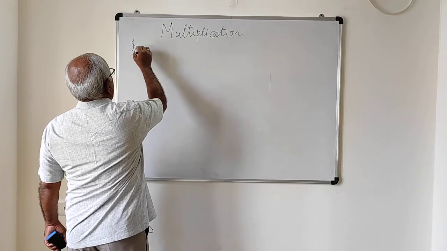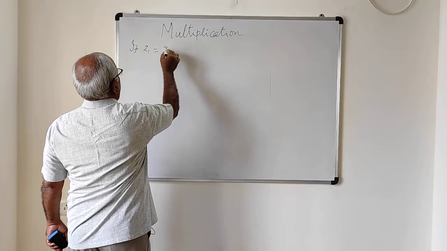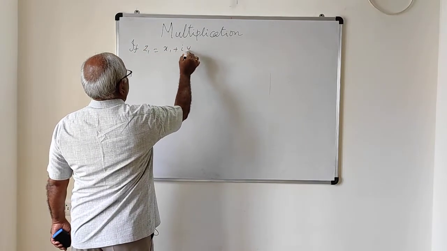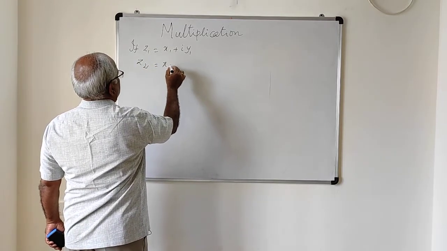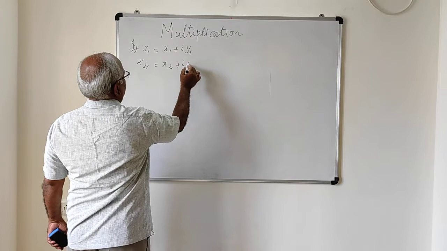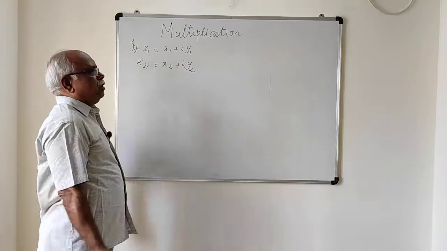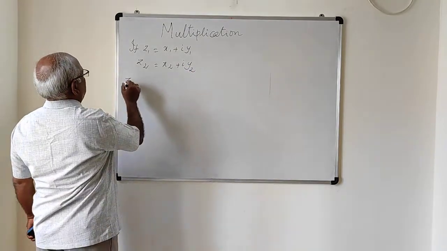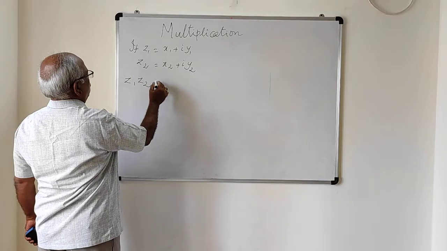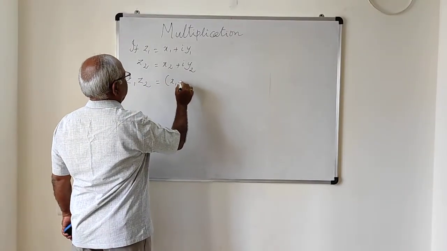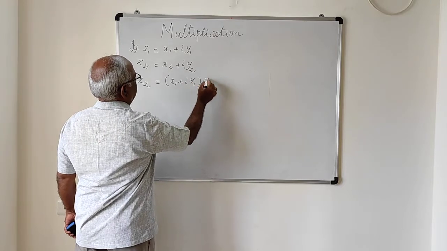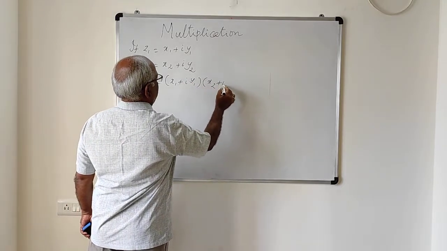If Z1 is a complex number x1 plus iy1 and Z2 is a complex number x2 plus iy2, multiplying these two complex numbers, Z1 into Z2, is equal to x1 plus iy1 into x2 plus iy2.